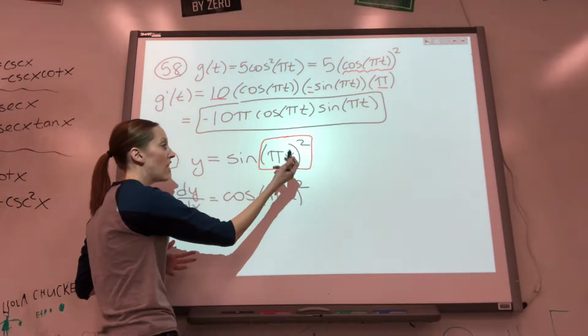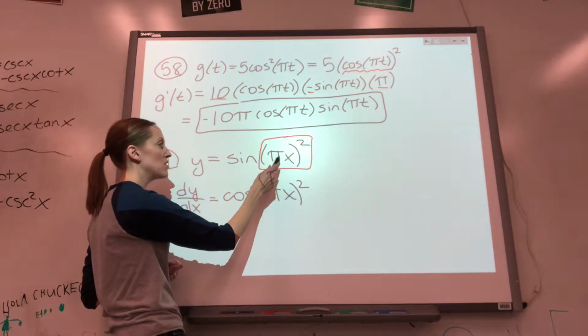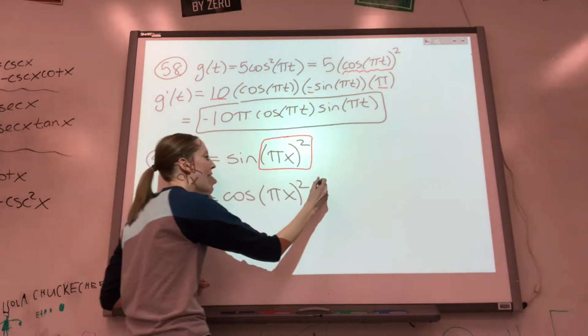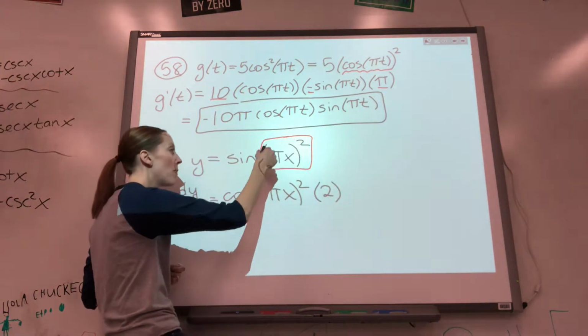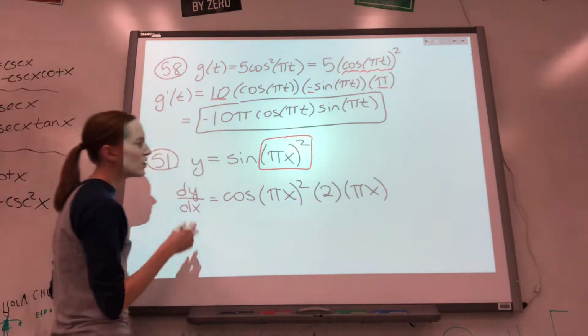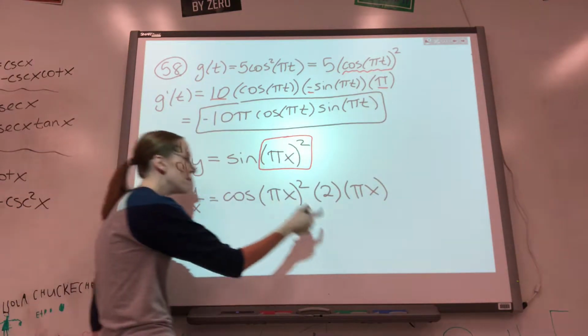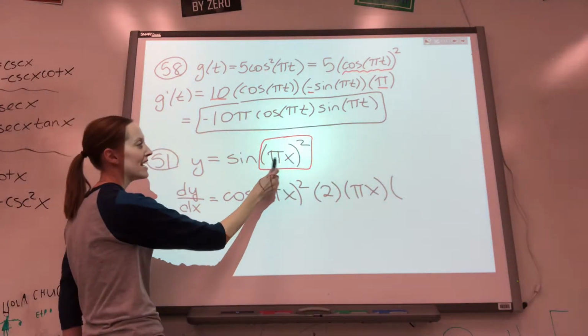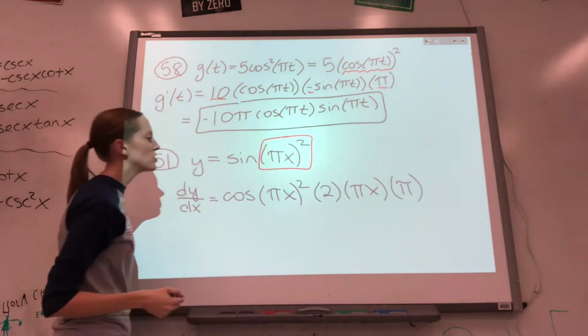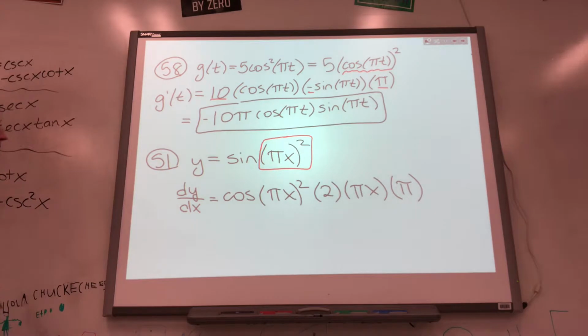And this actually also kind of requires the chain rule. It's a quantity with x's raised to a power. So pull the power out front, make your quantity to the 1 less, and then come back and take the derivative of the part in the parentheses, which would just be pi.